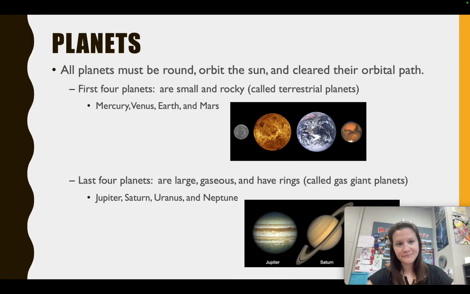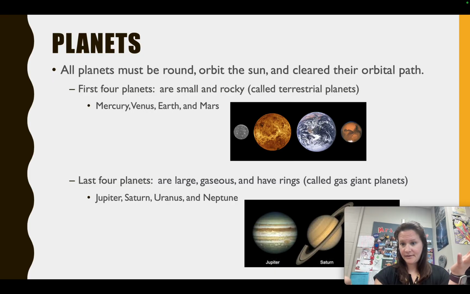Okay, the planets. In order to be considered a planet, it has to have 3 criteria. It has to be spherical, it has to orbit the Sun, and it has to have cleared its orbital path. In the beginning we talked about when we collided with Theia, there was a lot of loose space rock still floating around, so we would have collisions all the time.